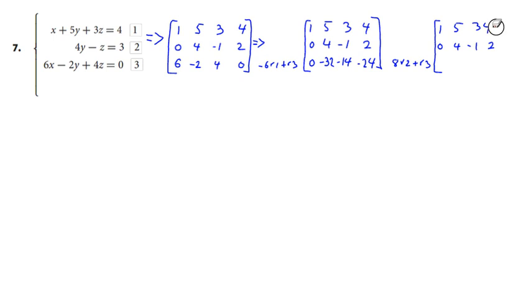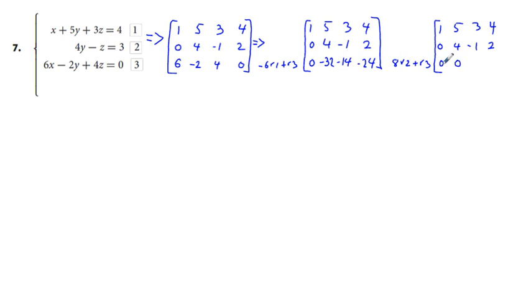Let me go ahead and move that over a little to the right. That looks a little better. Okay. Well, we have 0 here, and 8 times row 2 plus row 3, well, that's going to be 32 minus 32, or 0.